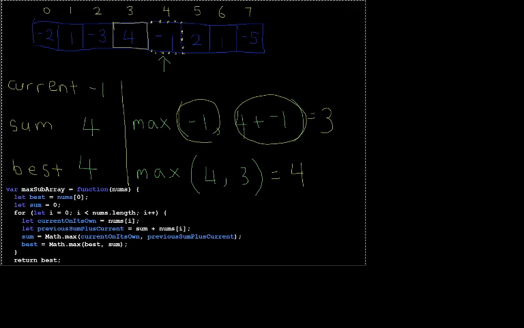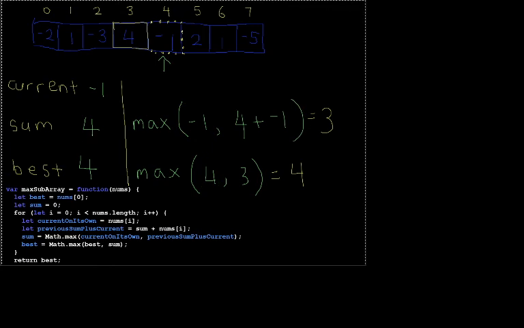It makes sense to use the current one plus the previous, because the current number on its own is not going to be greater than what we had before. The running best is still going to be number 4, so we don't update that.